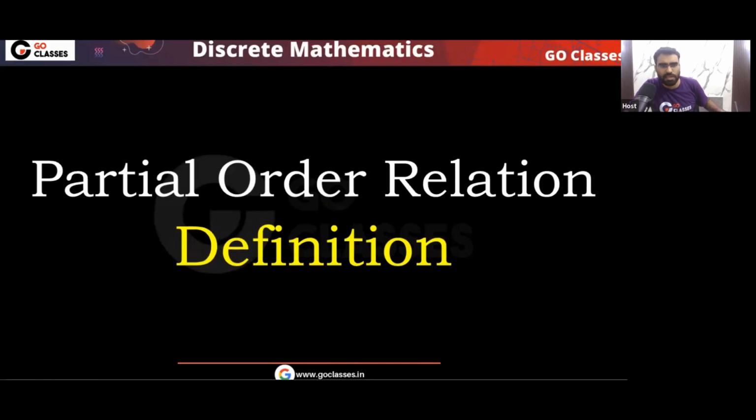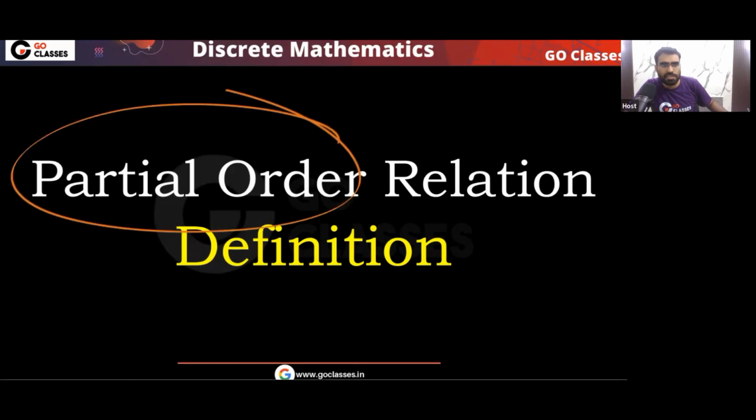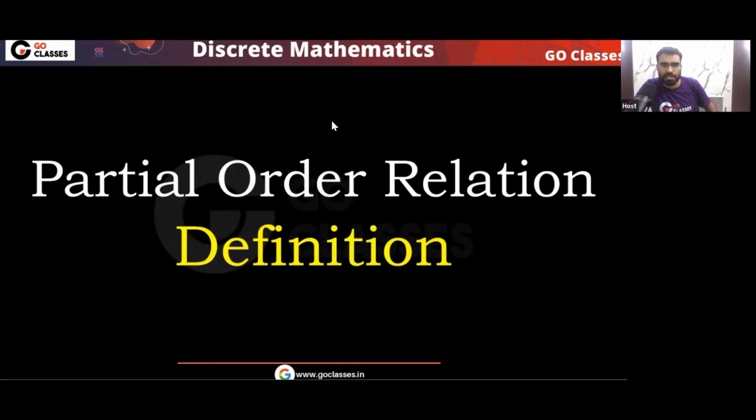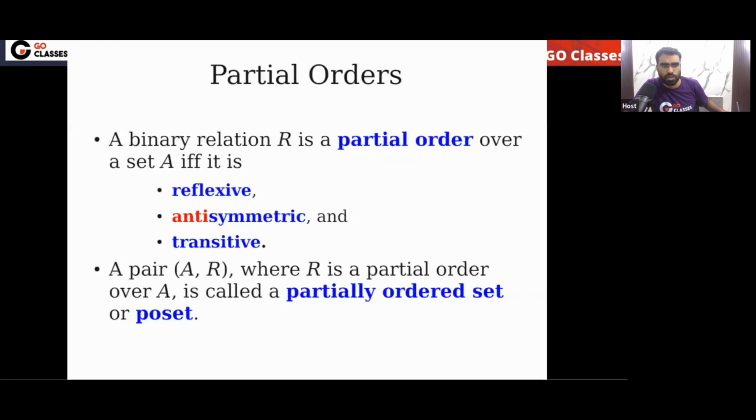So what is the definition of partial order relation? When can I say that a relation is a partial order relation? A relation is a partial order relation if it is reflexive, antisymmetric, and transitive. These three properties must be there.